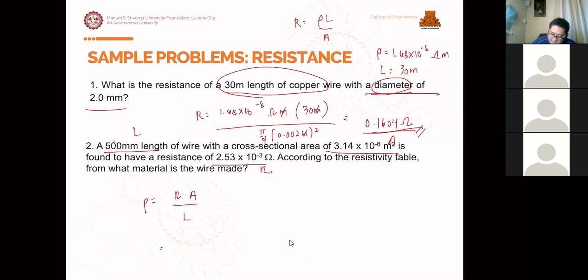We have yung R natin is 2.53 times 10 to the negative 3 ohms. Area is 3.14 times 10 to the negative 6 meters squared, all over yung length natin na 0.5 meters. Cancel yung isang meter. Matitira is ohm meter. Okay? Ano yung value niyan?